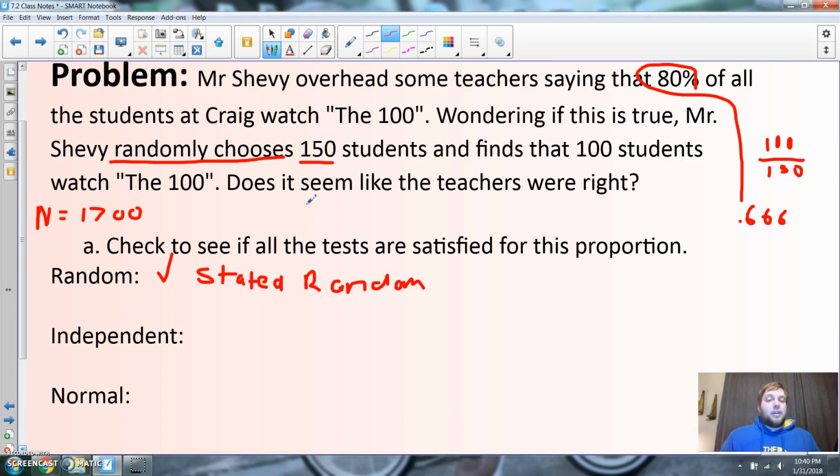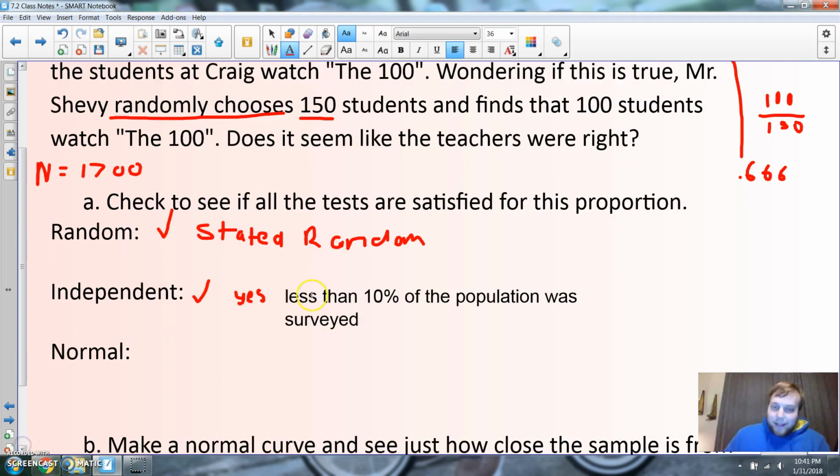Ding, right? 10% of the population would be 170 students. I'm under that, so check. Yes. You know what? I'm going to type this out. Give me a second. Alright, yes. Less than 10% of the population was surveyed, right?